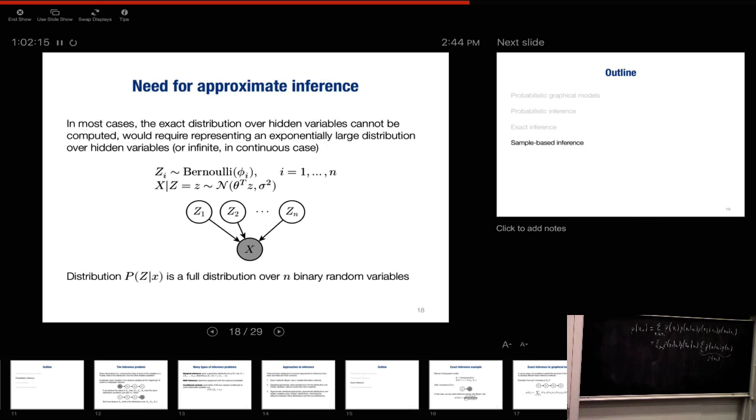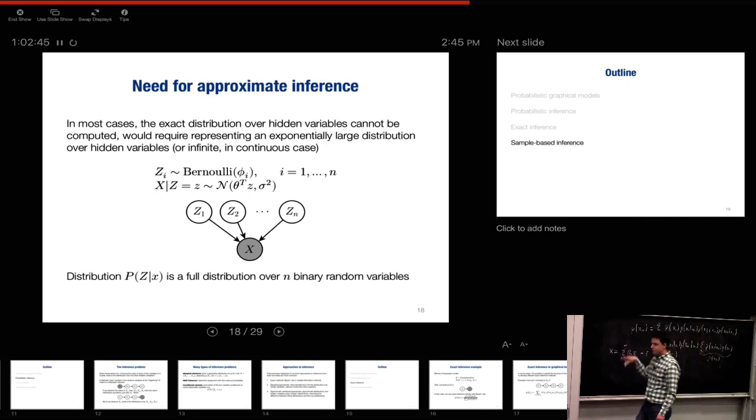Then I have a final observed variable x, which is a sum of all these things plus some random noise. Another way of writing this is that x equals the weighted sum from i equals 1 to n of theta i zi, plus a noise term, where the noise term is normal with mean 0 and variance sigma squared.